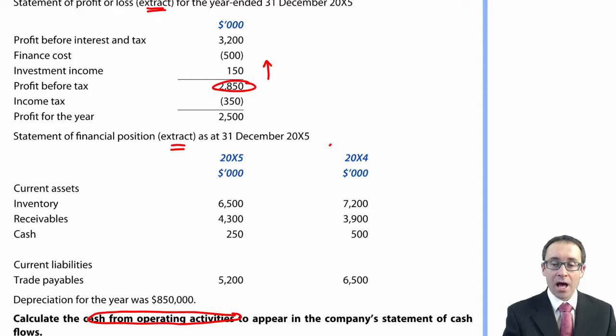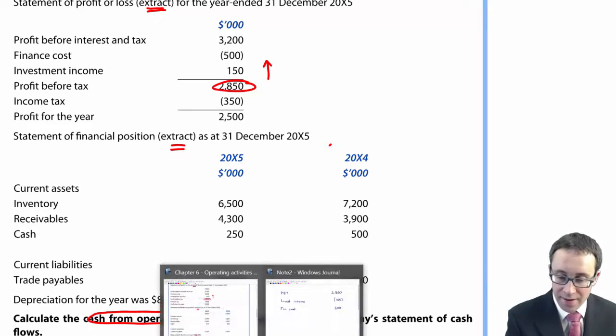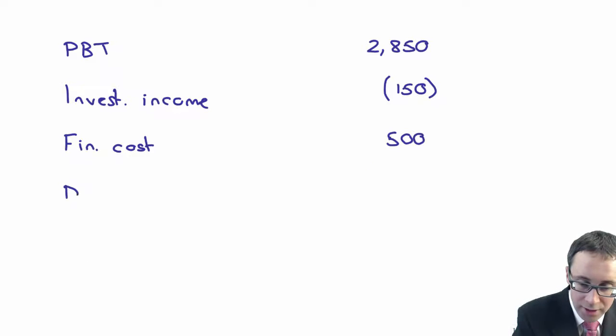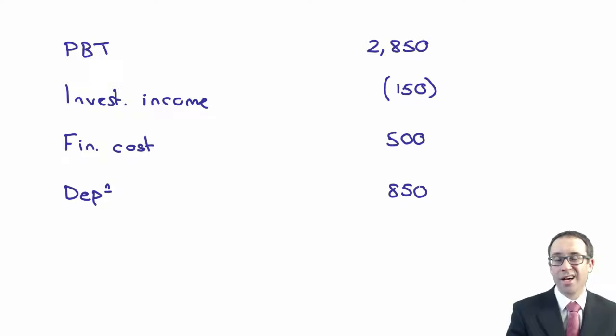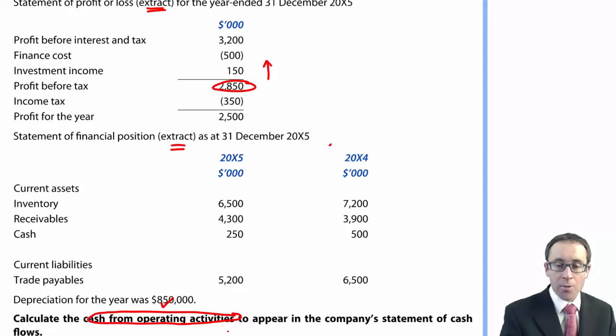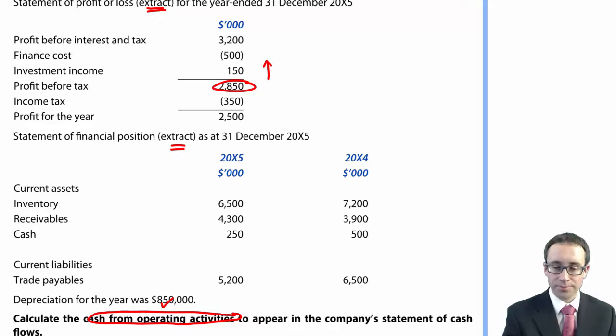Okay. Then we need to look at the non-cash items. So you've got your depreciation, which is 850. So depreciation, we will add that back on as a non-cash expense. So that's nice and straightforward, particularly if it's given to you. We then need to look at the movement in your inventory, receivables and payables.